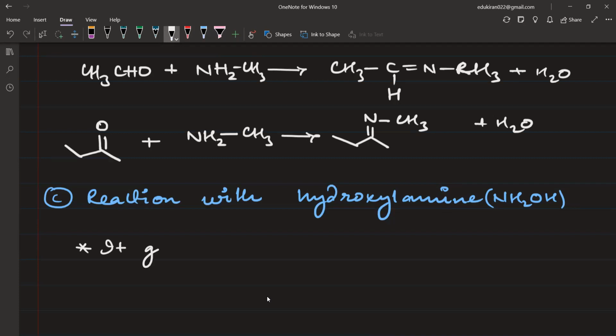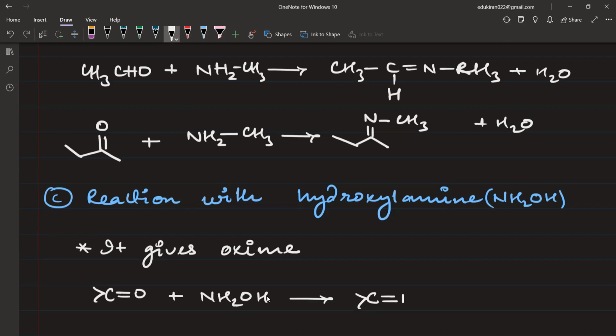It gives oxime. Generic reaction: C double bond O plus NH2OH gives you C double bond NOH plus H2O.